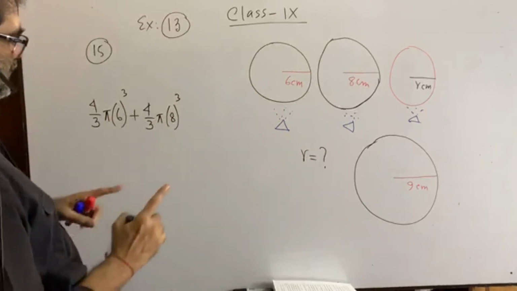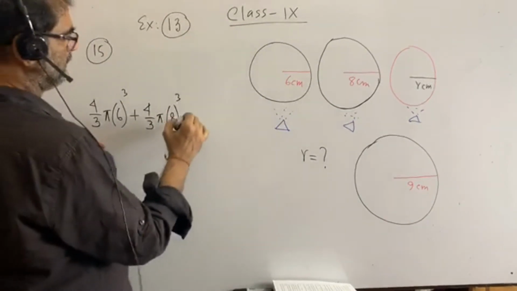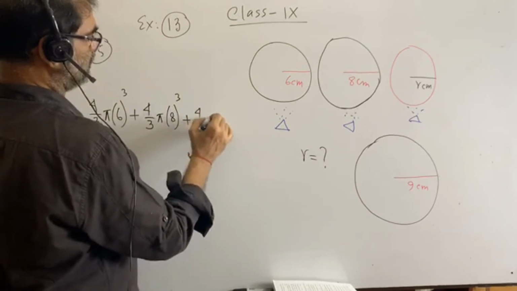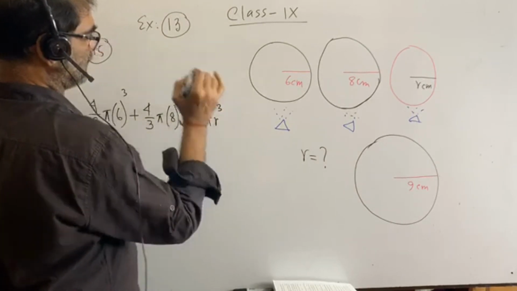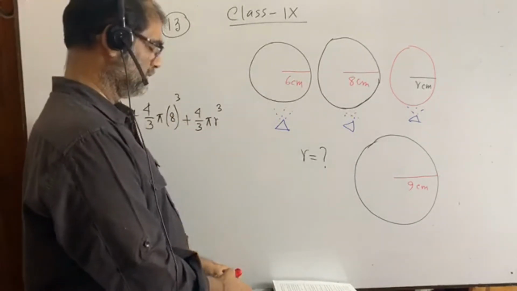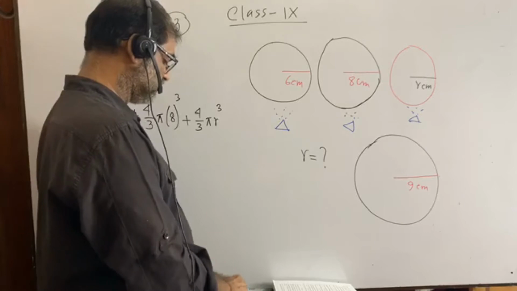Okay. Third ball, 4/3 pi r cube. Okay, we have got the sum of the volumes of the first three balls.